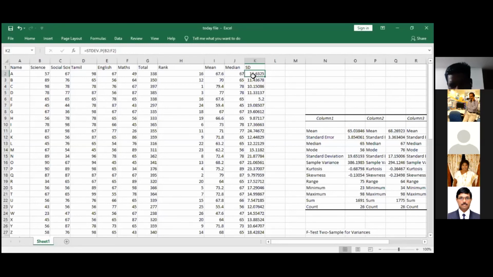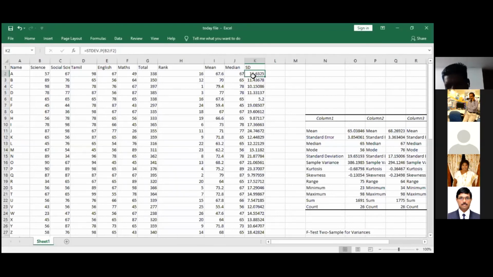I think it is selected through descriptive statistics, and standard deviation is included. Yes, without entering a formula, by selecting descriptive statistics through a menu. What menu, sir? It is in the Data menu.